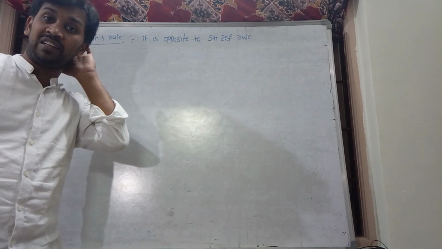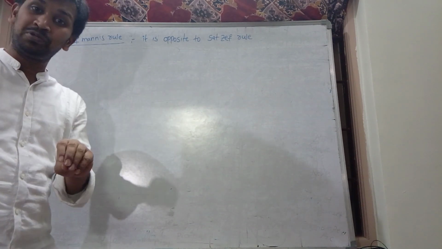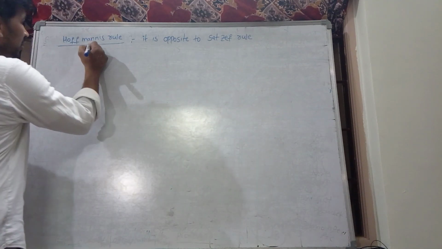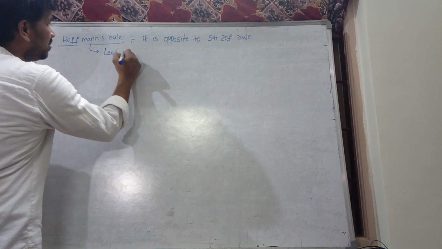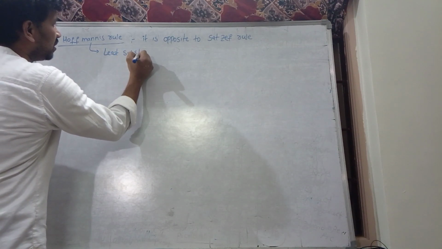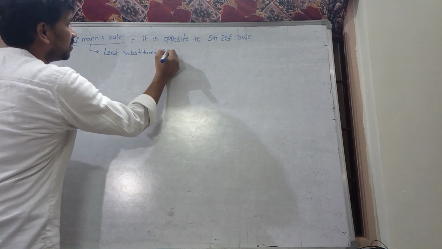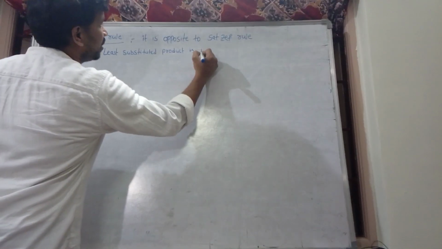Highly substituted alkene is the major product, but here least substituted product is the major product. What is Hoffman rule? Least substituted product is major.